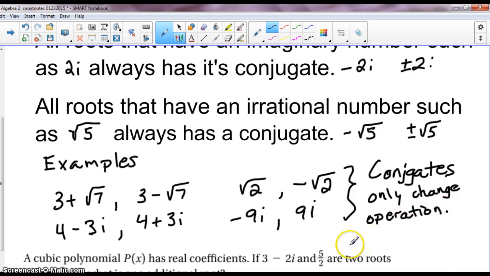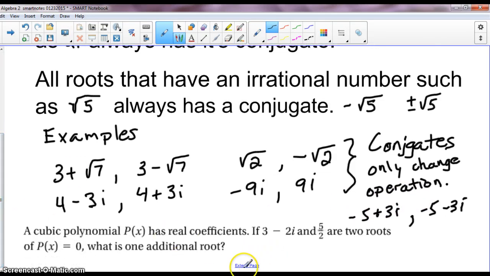So, for example, if I had negative 5 plus 3i, the conjugate would be negative 5 minus 3i. Those two would be conjugates. So we wouldn't change the sign for the negative 5, but we would change the operation here and here.